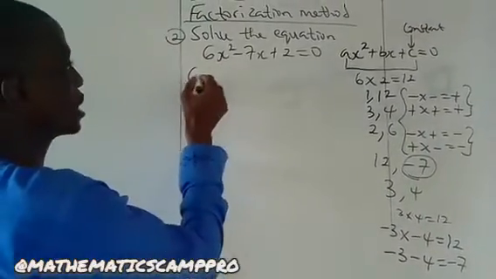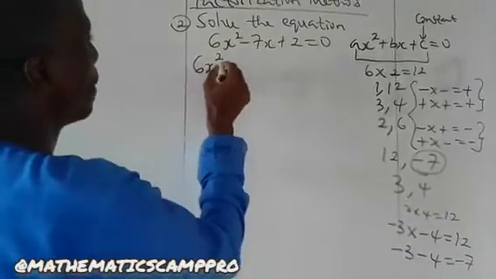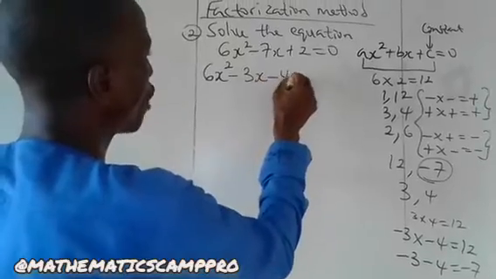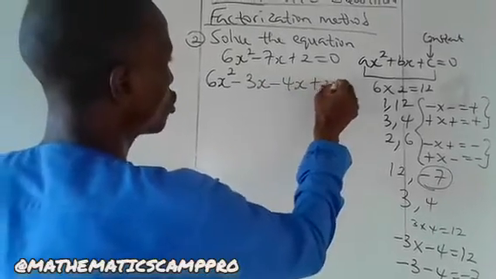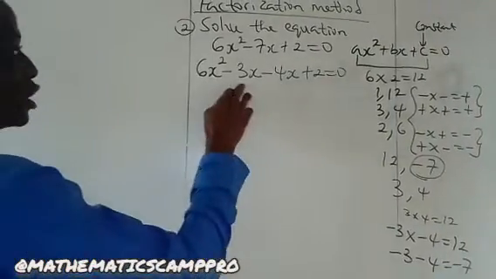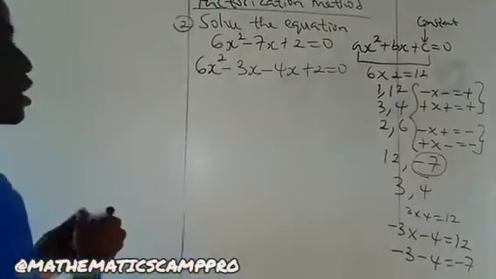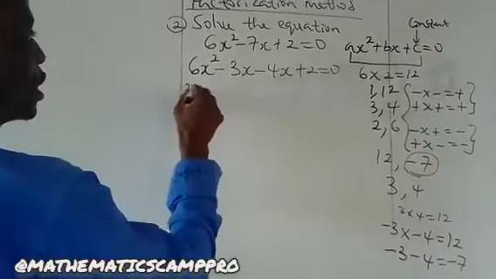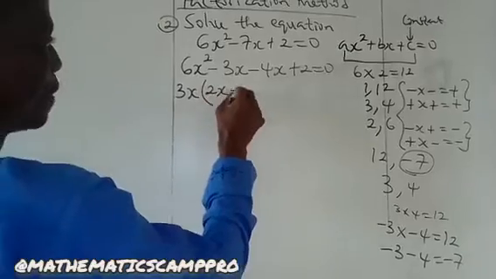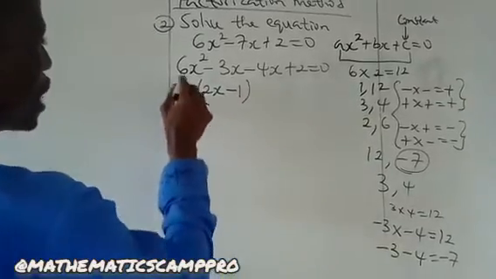It's now going to be 6x squared minus 3x minus 4x plus 2 equals 0. Now, what is common to 6x squared and minus 3x? That is 3x. And this is going to give us 2x minus 1, when you use 3x to divide.